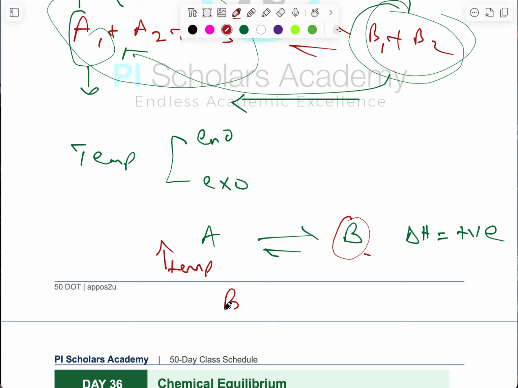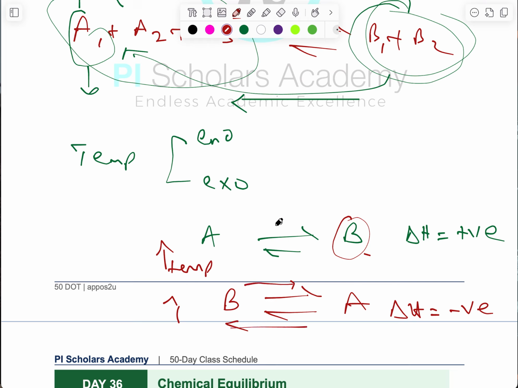By the way, the reverse process, if this was the whole thing in the first place, if a reaction is endothermic, when you reverse it, it's actually going to be exothermic. So that means that if you increase the temperature in this place now, it doesn't favor exothermic. So instead of it favoring the forward, it's going to favor the backward.